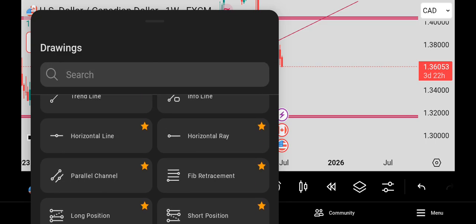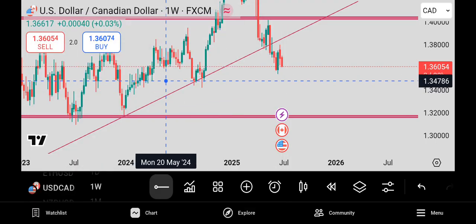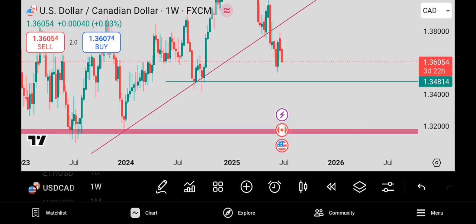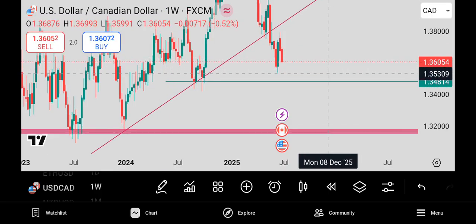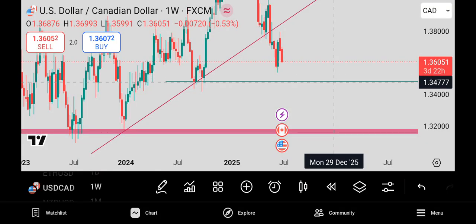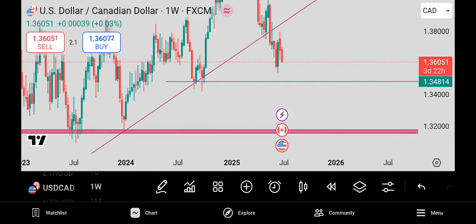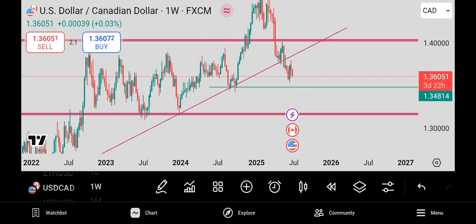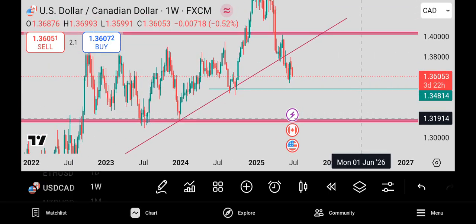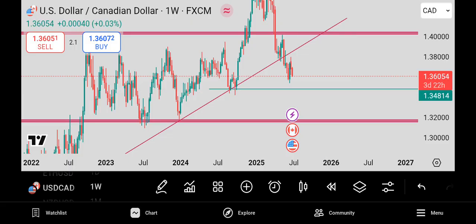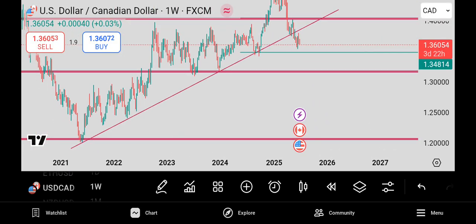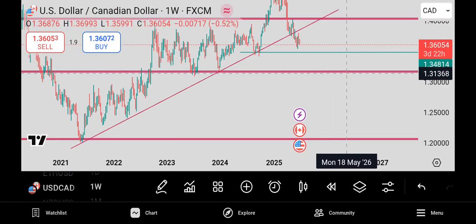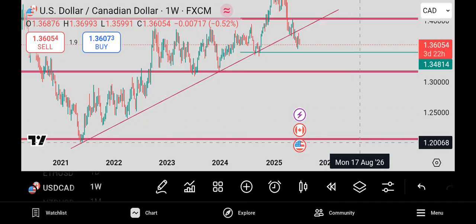Let me just keep you guys waiting by drawing a line. So if this market takes off this low, the next point is this place, and if it takes off this place, obviously it's coming to this other low. And if the market takes off this place, it will go to this place just like that.